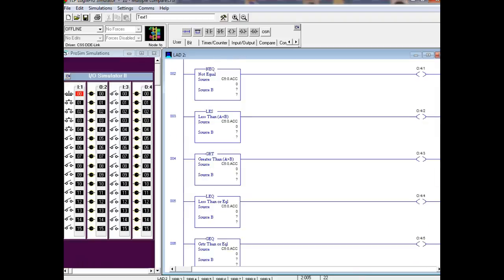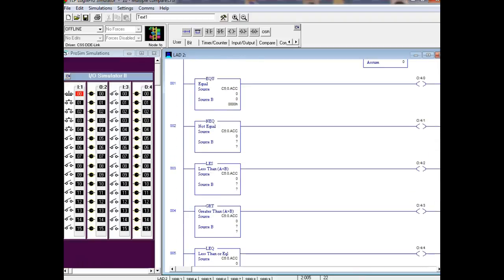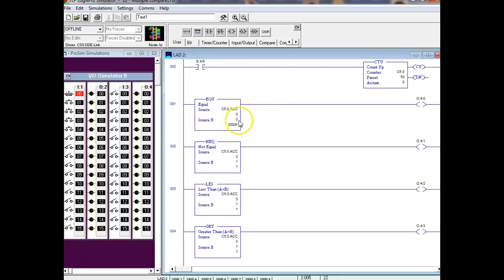Okay, so what are we going to compare the first one to? So it's equal to. Well, all of them are going to be a number. So equal to 5. Okay, 5. 10. We can use the same thing here since it's 5.